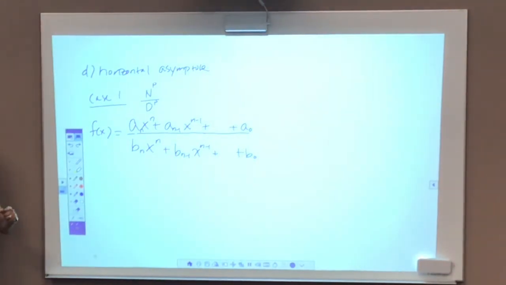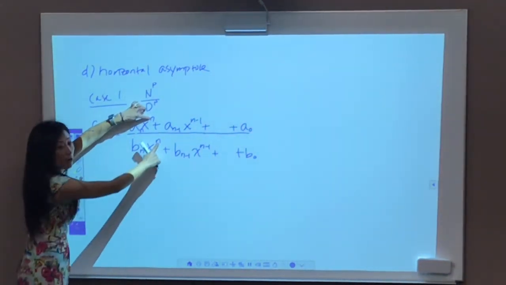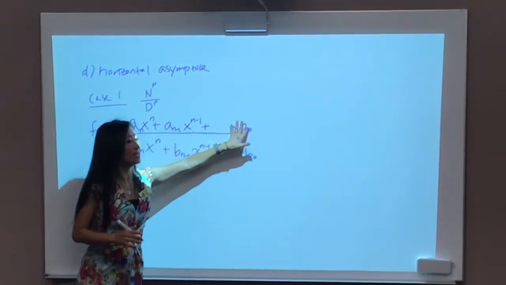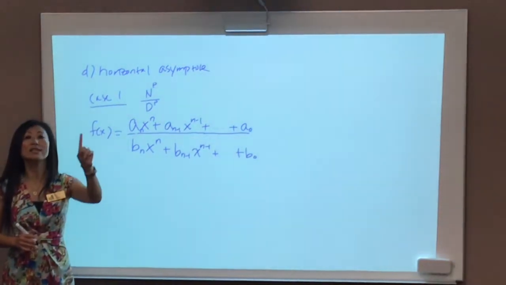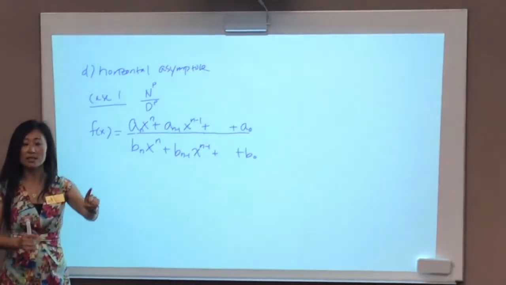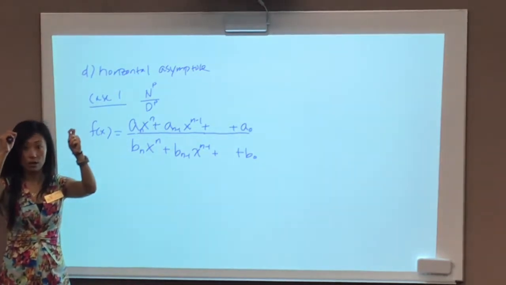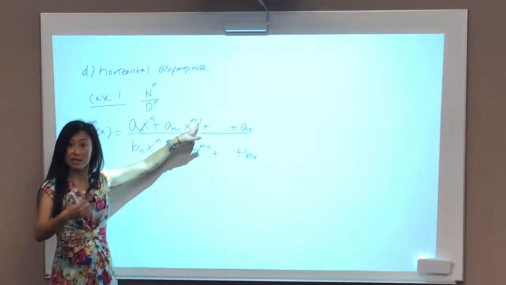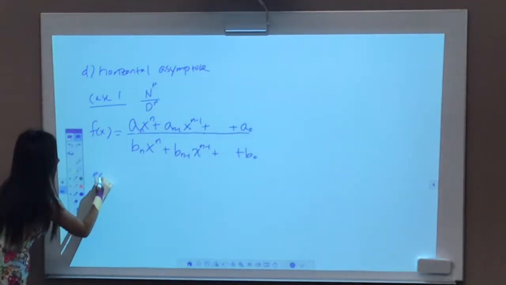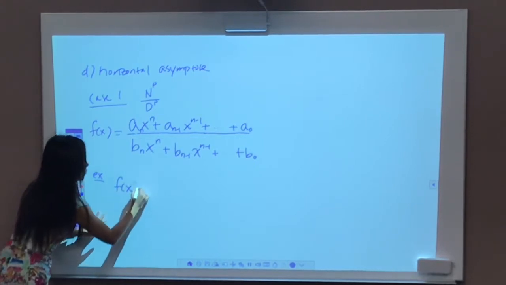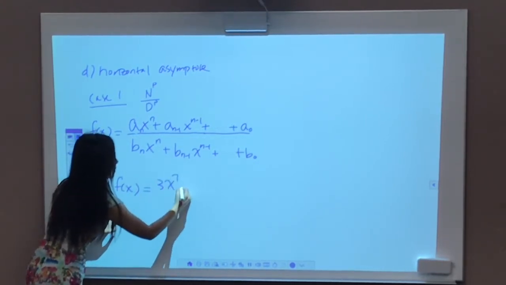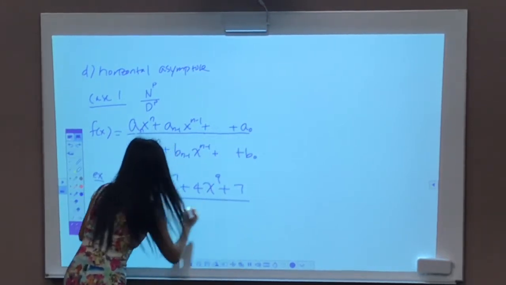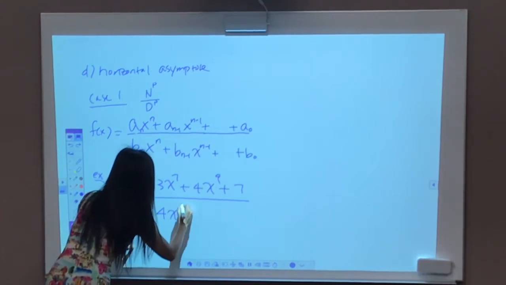Whenever you're looking for a horizontal asymptote, I don't care about the lower powers. I only worry about the leading term. Leading term means the one with the highest power. So in this case n is highest, n minus 1 is 1 smaller than that, right? So, for example, if I have f of x equal to this.